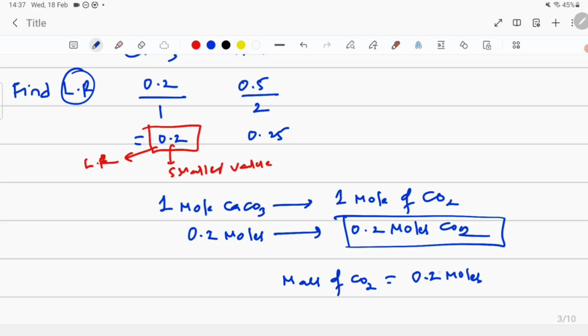To convert moles into mass, you multiply with molecular weight. Molecular weight is 44, so you get 8.8 grams. 8.8 grams is the answer. After getting moles, just multiply moles with molecular weight to get the mass of the given substance.